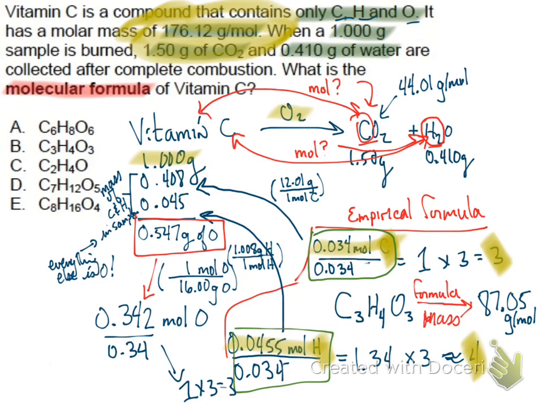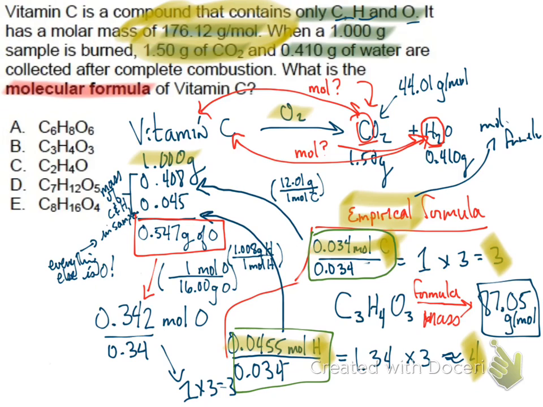So now the next step, and we're almost done, is to take this empirical formula and turn it into a molecular formula. And the way to do that is to take the mass of our empirical formula and compare it to the mass of our molecular formula up here. So let's go ahead and do that.